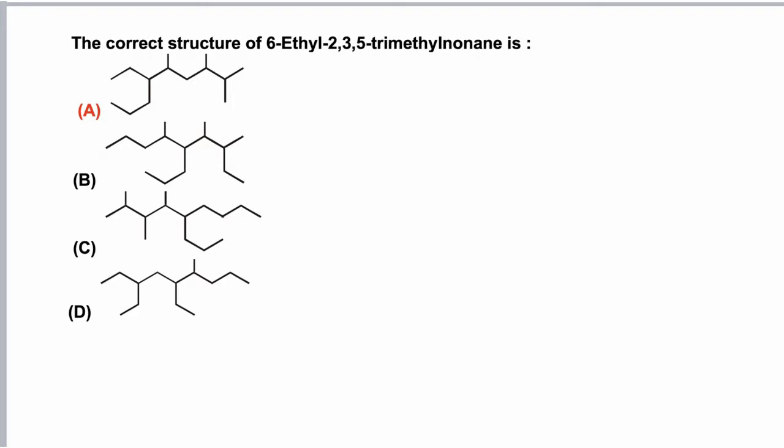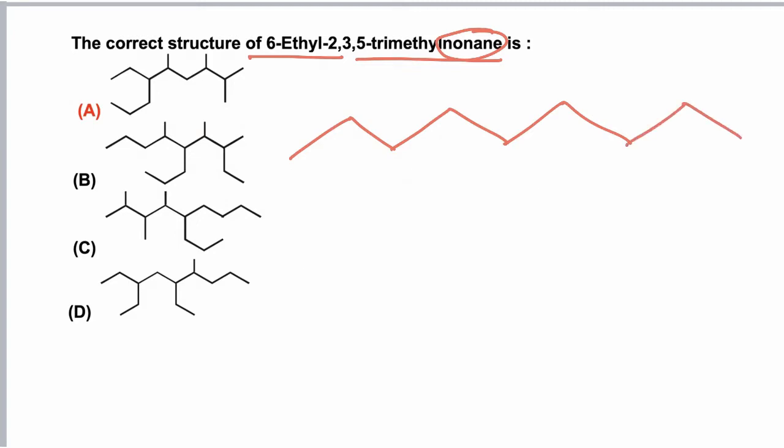In this question we have to find the correct structure of 6-ethyl-2,3,5-trimethylnonane. The main chain has 9 carbons, so first we draw 9 carbons in a straight chain: 2, 4, 6, 8 and 9.